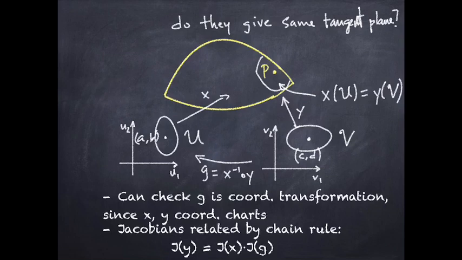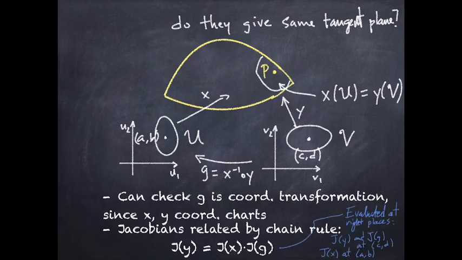Okay, so J of X is a 3 by 2 matrix. J of g is a 2 by 2 matrix because g has 2 coordinate outputs and X has 3 coordinate outputs, right? So on the right side of that equation, we've got a 3 by 2 matrix times a 2 by 2 matrix.